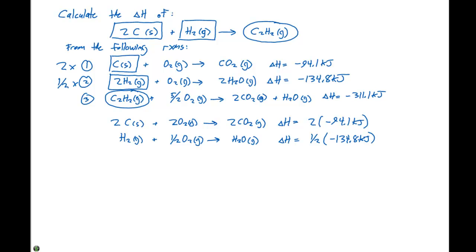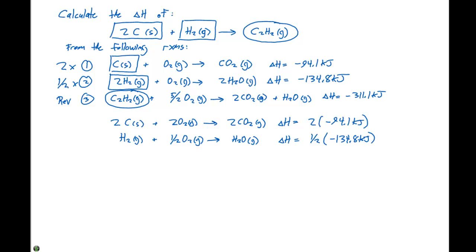So now we need to look at the third reaction, which has C2H2. As it's written on this piece of paper, C2H2 is a reactant, but we need it to be a product. So we need to reverse reaction number 3, which will then flip the sign.